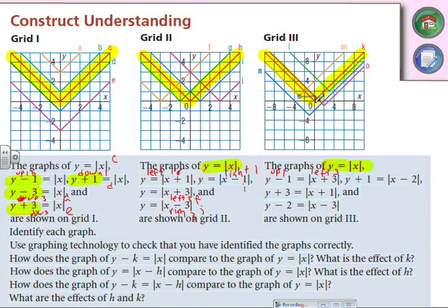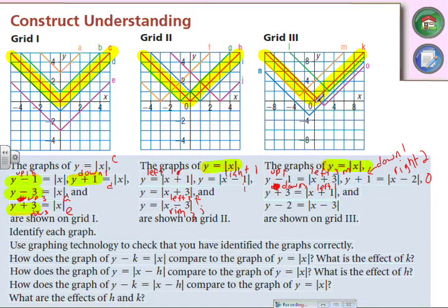The next one is saying y plus 1. We just saw in the first, that's down 1. And x minus 2, this is going to go right 2. So find the one that goes down 1 and right 2. Oh, that's O. Then we've got down 3 and left 1.